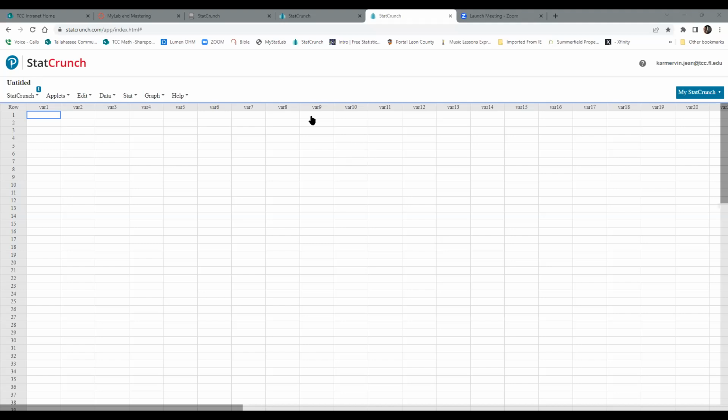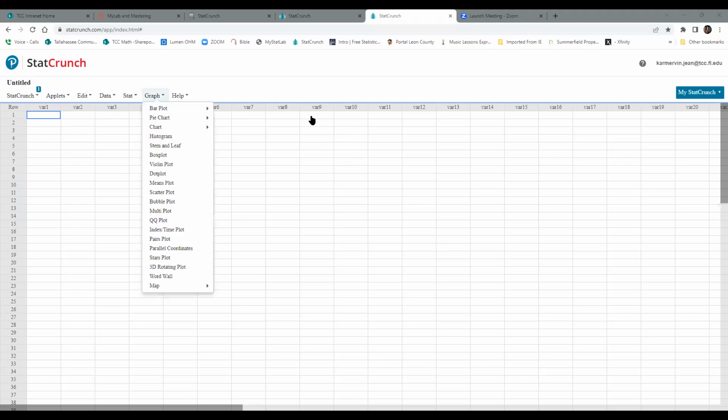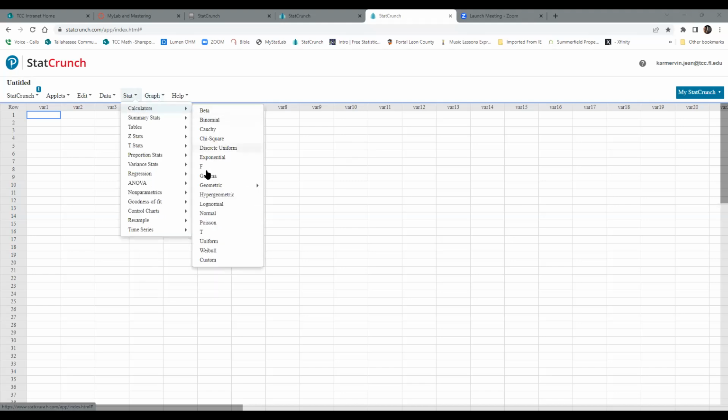You should be able to do it on the TI-84 very well, but I'm not able to share the TI-84 with you. Whenever you do the review, you're going to be able to see it on the TI-84. So let me share StatCrunch right here. Now, in StatCrunch, you go to Stat, Calculators, and Normal.